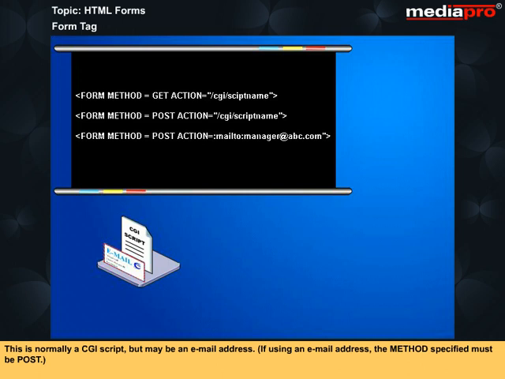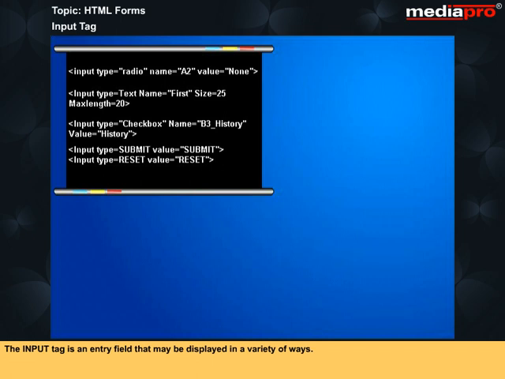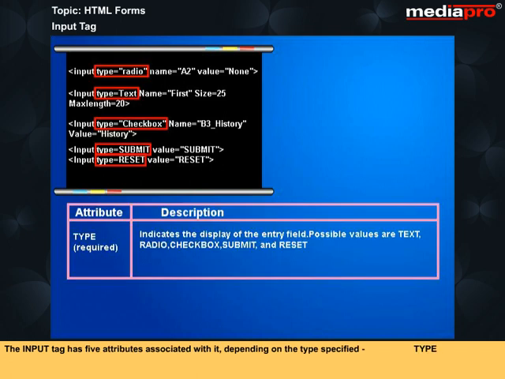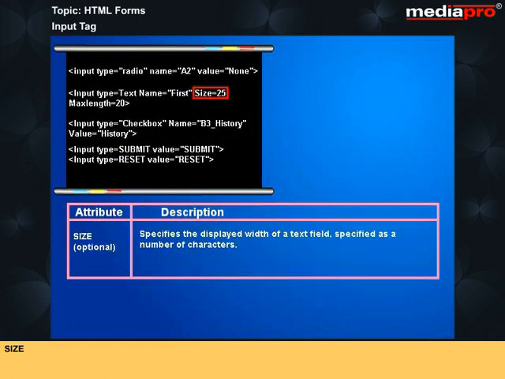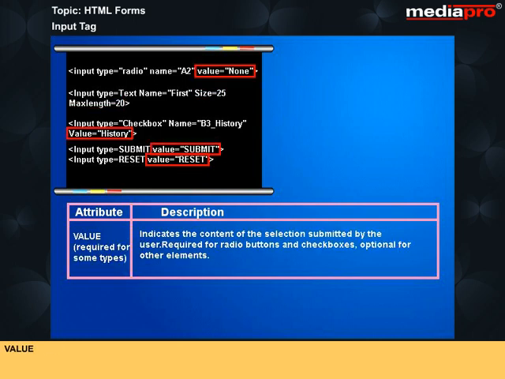If using an email address, the method specified must be post. The input tag is an entry field that may be displayed in a variety of ways. The input tag has 5 attributes associated with it, depending on the type specified: type, name, size, max length, value.